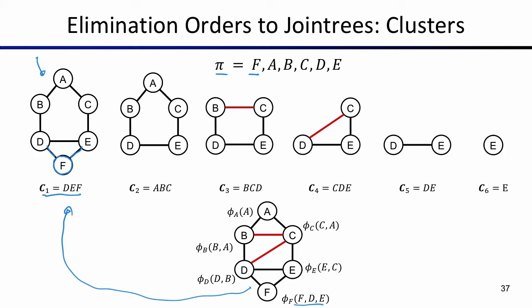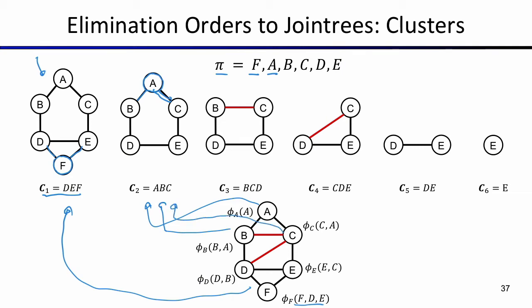In the second step, we will eliminate the variable a. And variable a is here, top of the graph. In order to eliminate a, we will have to create a cluster that also mentions variables b and c. So why is that happening? If we look here, we see that we have this phi a that mentions variable a, but also this phi b and also this phi c.